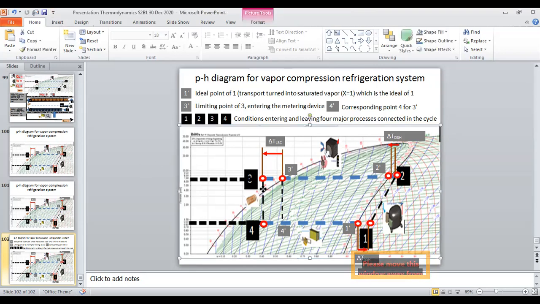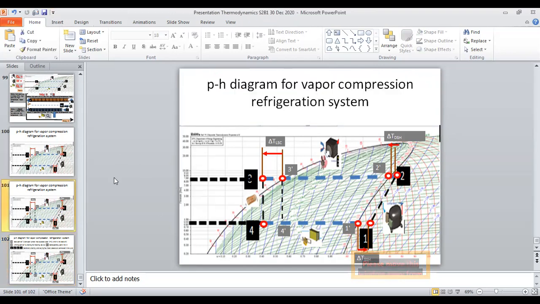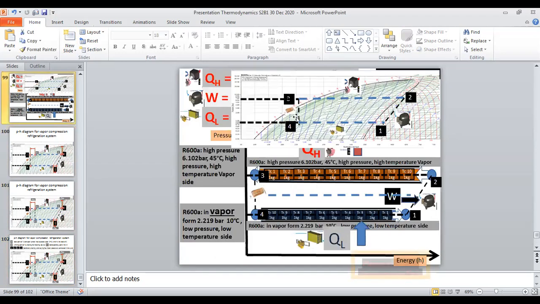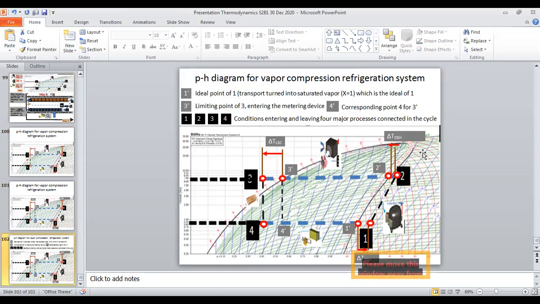Here there is one point I didn't draw. Even now I am not drawing that, but I will just show you. If 1 dash happens to be 1, you have another point in between 2 and 2 dash.